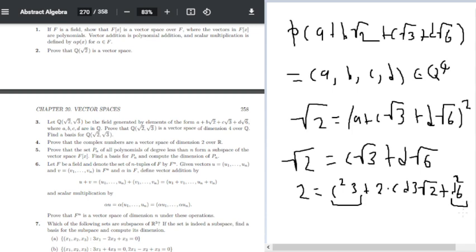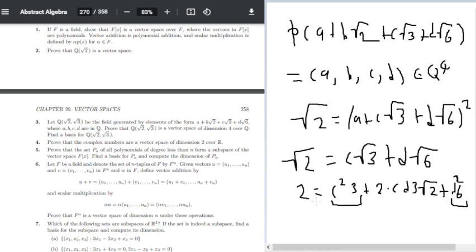Well, obviously, if both c and d are non-zero, then this will be an irrational number, and a rational number can't be the sum of irrationals with rationals, so that can't be true.